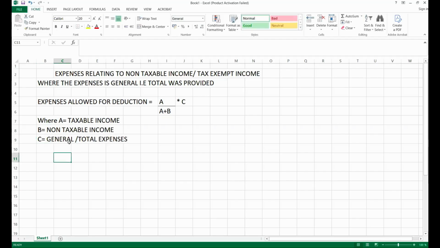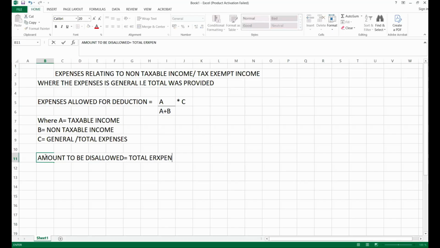This formula will give you the amount that will be allowed for deduction. If we know the amount allowed for deduction, we can get the amount to be disallowed. So the amount to be disallowed will be equal to total expenses minus the result from the above formula.